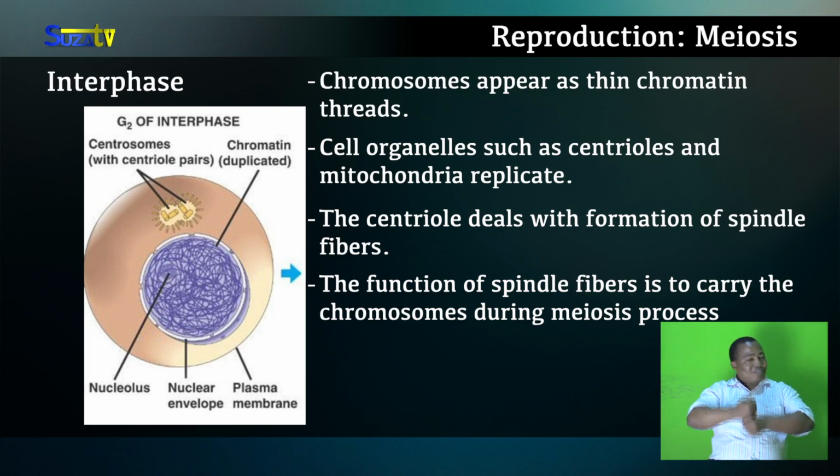As we know, chromosomes are immovable structures. So how can they move from one place to another? With the help of spindle fibers, the chromosomes move from one place to another within the cell during meiosis.